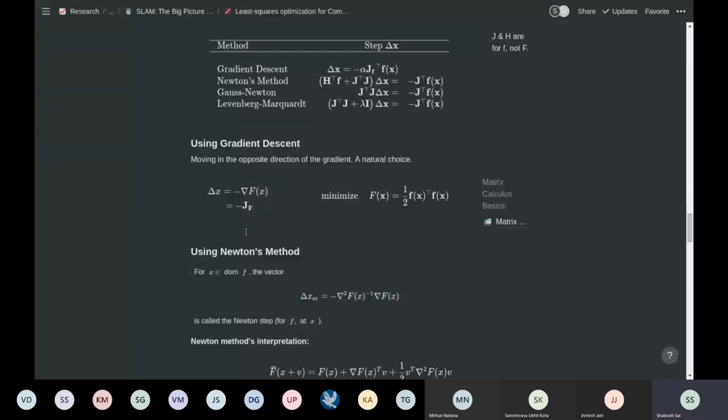So Hessian of something would be derivative of Jacobian. Jacobian of something would be like derivative of the original function. So here derivative of Jacobian would give me Hessian.